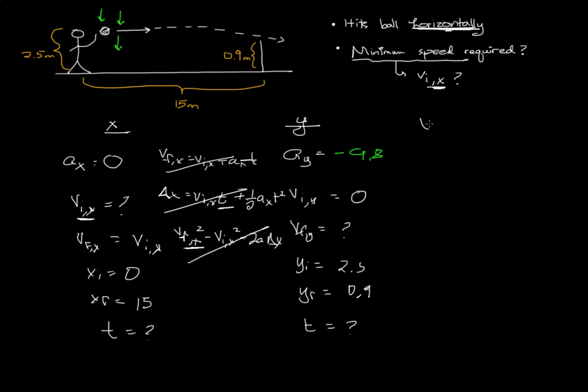When I say don't mix them, I mean you can't say v final x equals v initial x plus a y t. You can never mix x and y in the same equation. That's a big no-no. But what you can do is use the y side to figure out time, and then once you get time, you can plug that in and go back to your x side.